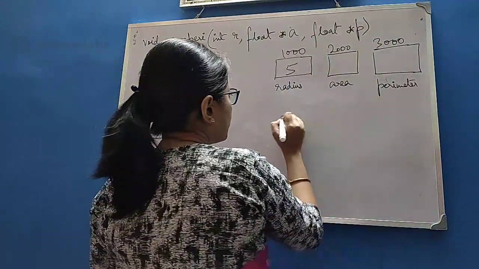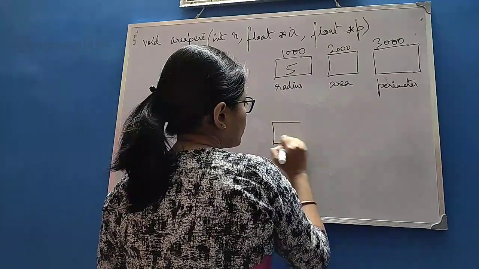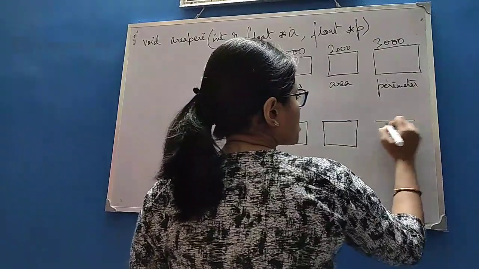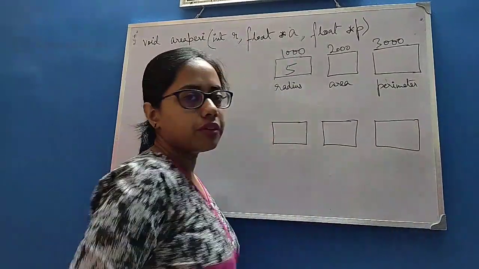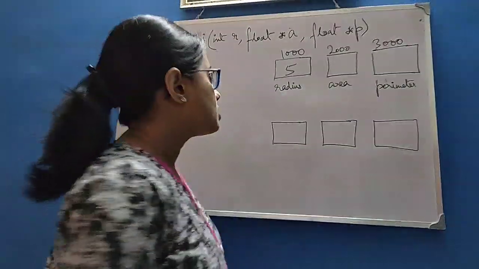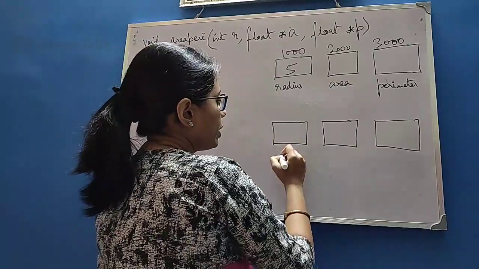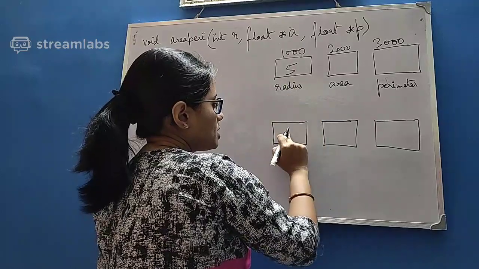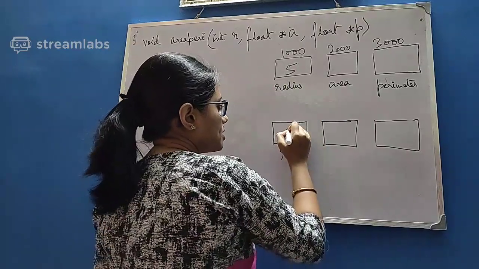So basically what we have done is we have given rise to 3 more copies of variables, wherein the variable R gets the copy of this. So R now contains 5.